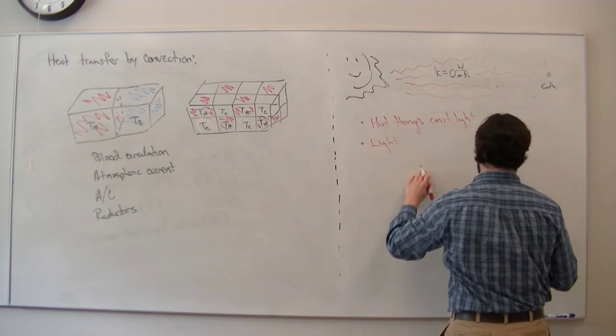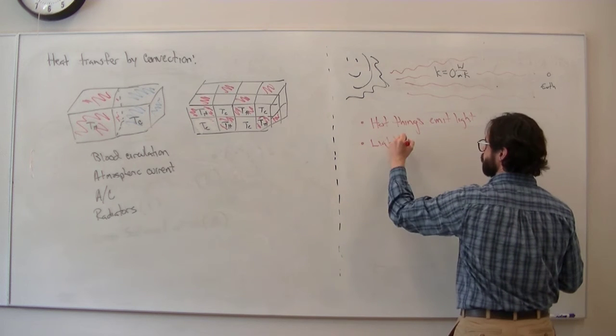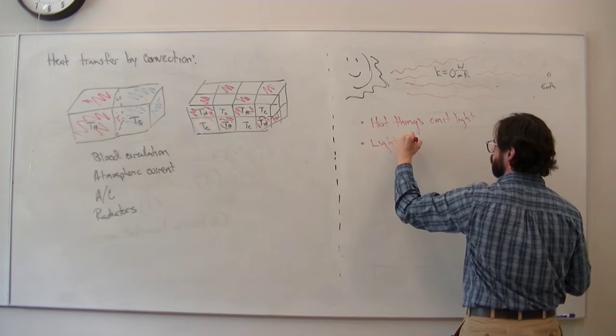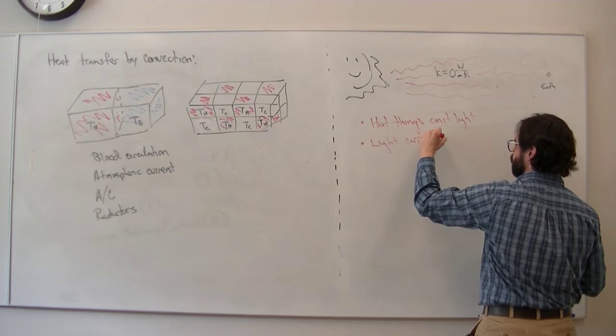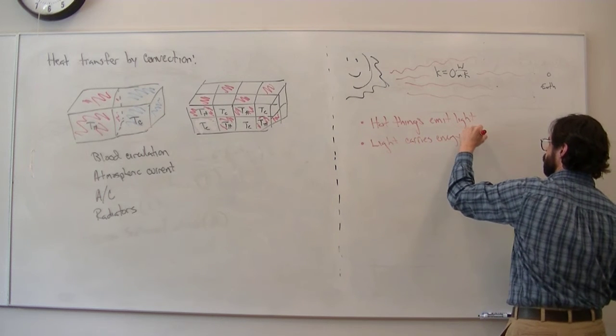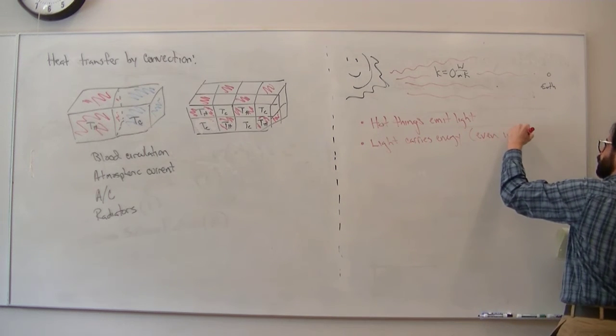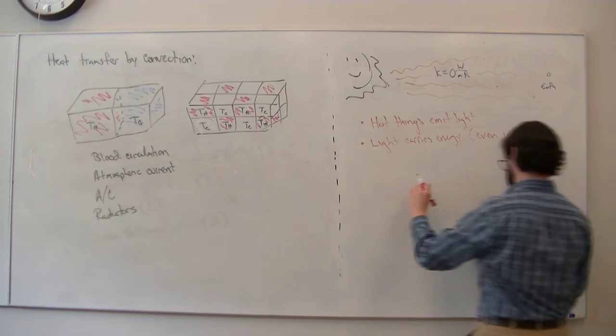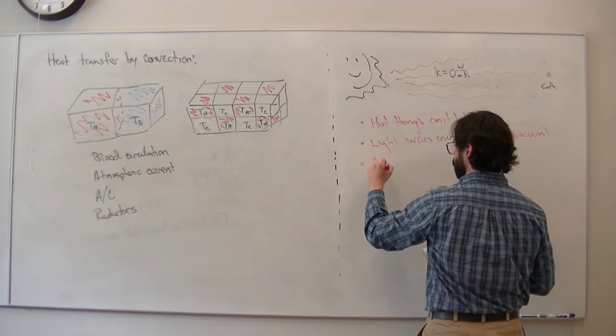Light travels through vacuum and carries energy. And absorbing light will jiggle your molecules.